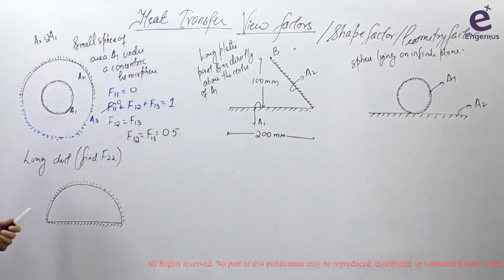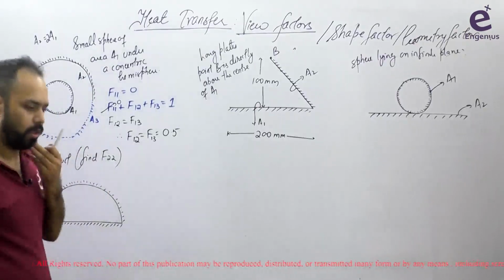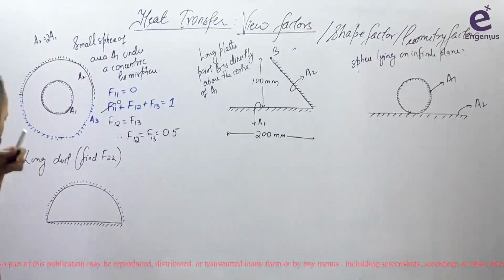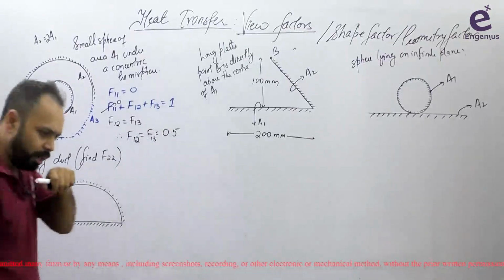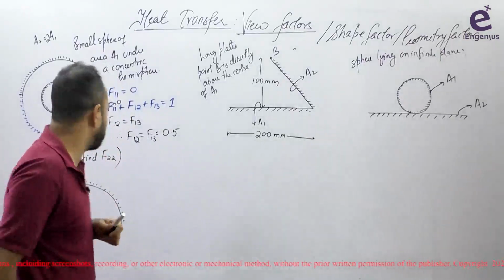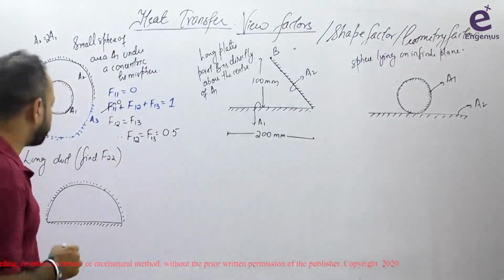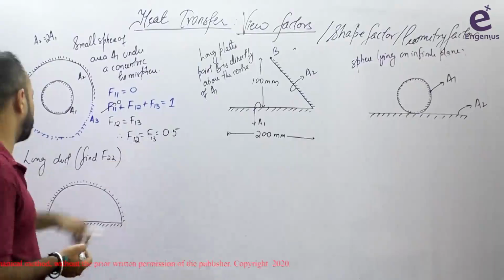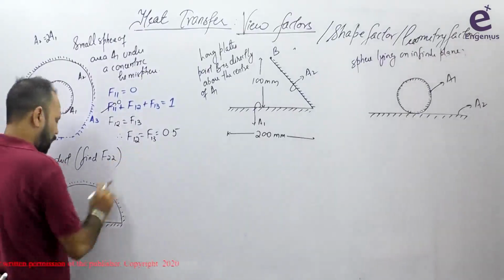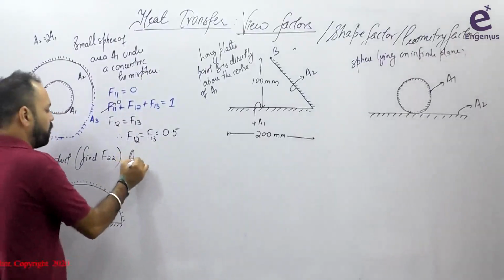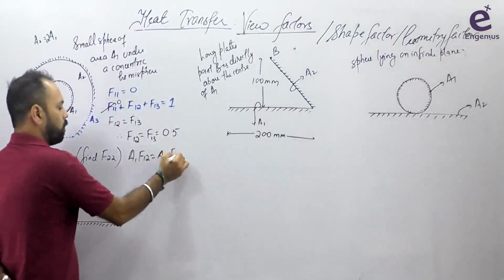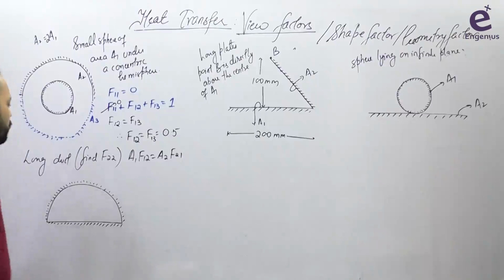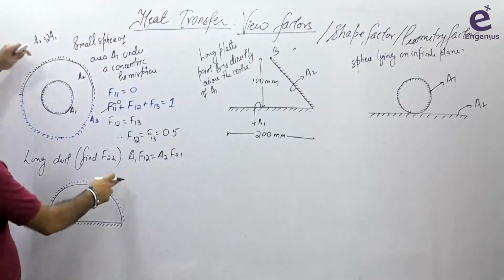After this, of course, you can apply the reciprocity theorem. And what do we have to find actually? The reciprocity theorem says A1 F12 must be equal to A2 F21, correct? In this case, what is the area of 1?